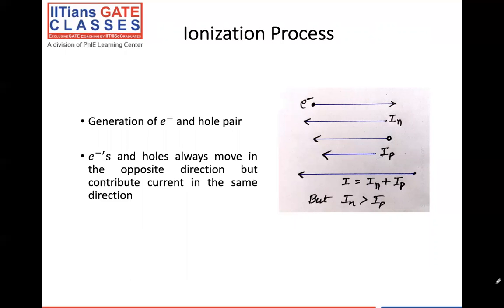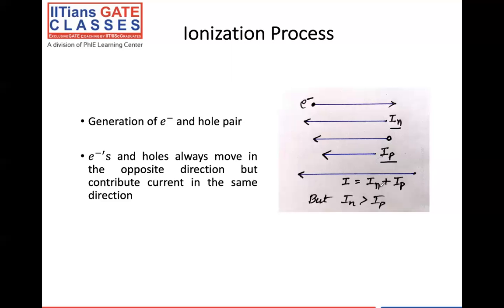Now, in this figure, I'll explain how it is. Suppose the electron is moving from left to right, it contributes current from right to left, that is In. And suppose we have one hole moving from right to left, it contributes current from right to left. So the total current I is In plus Ip, the sum of these two currents from right to left, shown here with the big arrow.